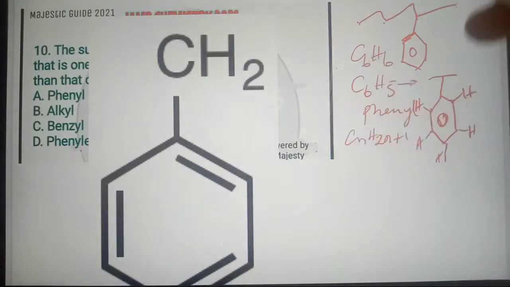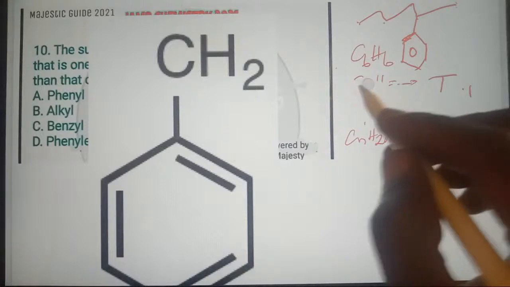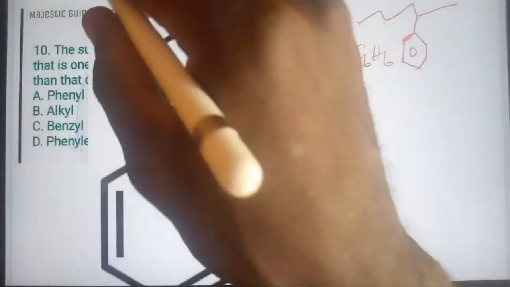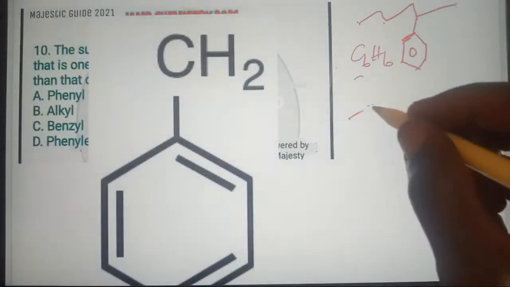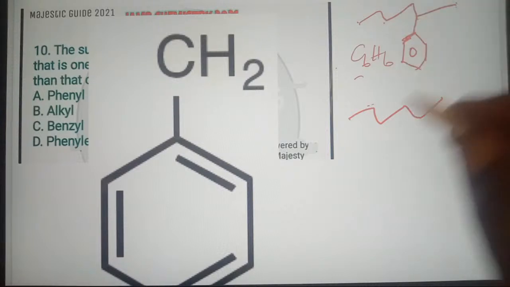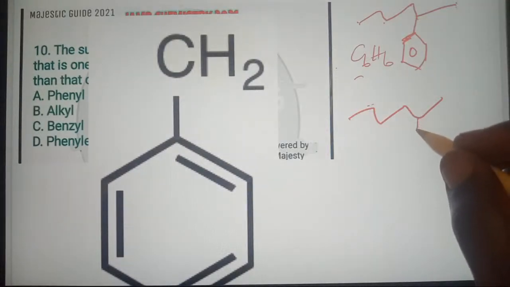But when it attaches to the main chain, just compare these two things. Before the benzene attaches to the main chain, let's assume we still have something like this, 1, 2, 3, 4, 5. And it will come out in this form. You see something bending.